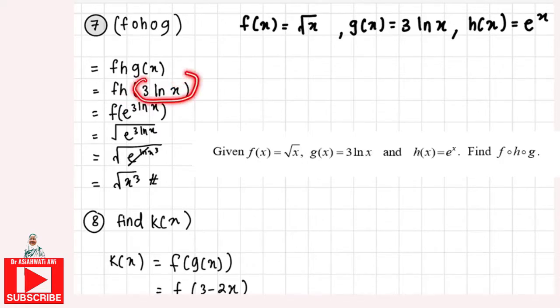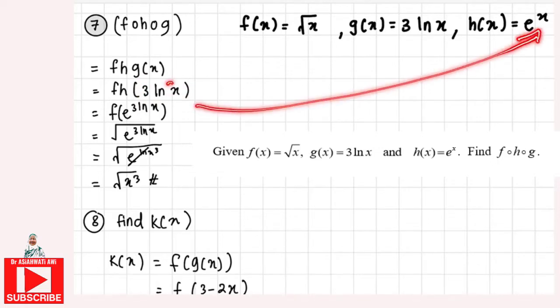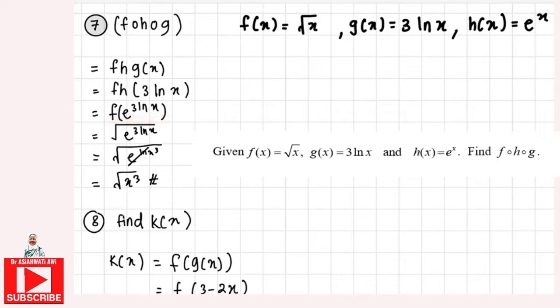So we sub this into the x in function h(x). So it will be like this, e power 3 ln x, and then this is x for f, and then we sub here into the x in function f(x). So it will be like this.